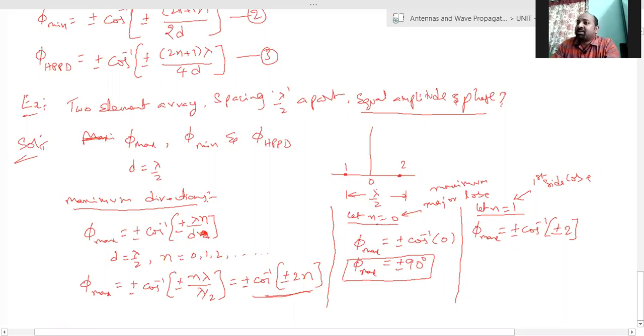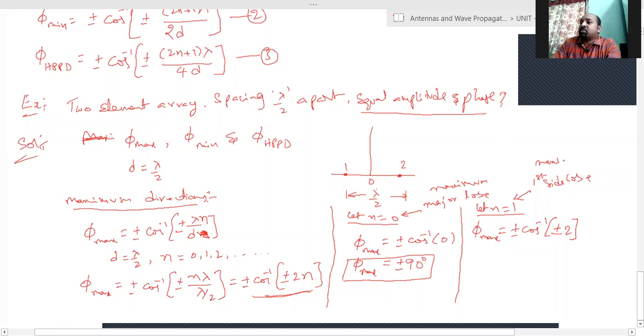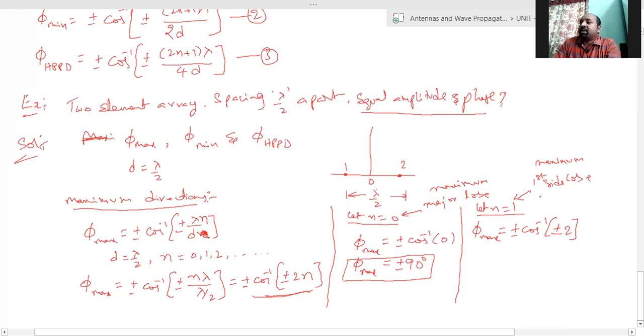Small n is equal to 0 is the maximum direction of major lobe, and n is equal to 1 stands for maximum direction of first side lobe, right?